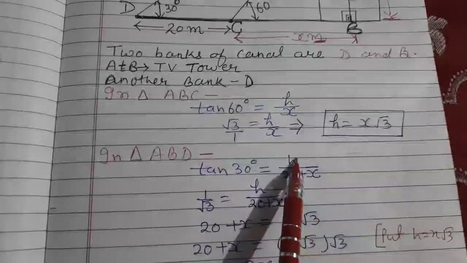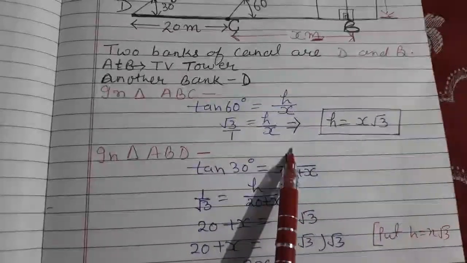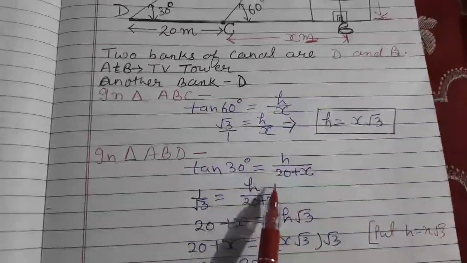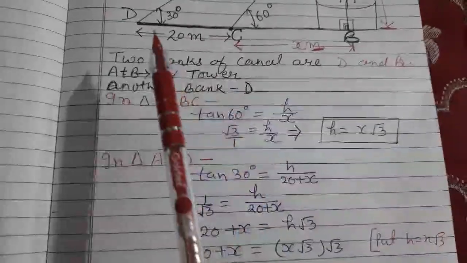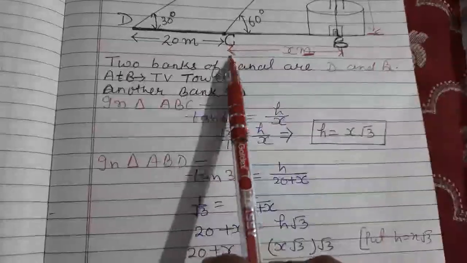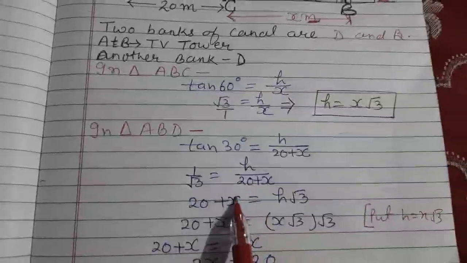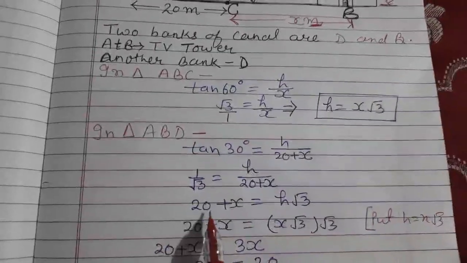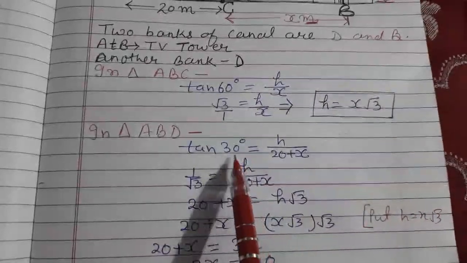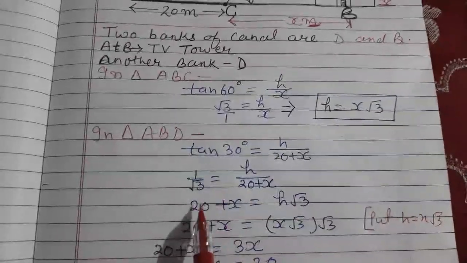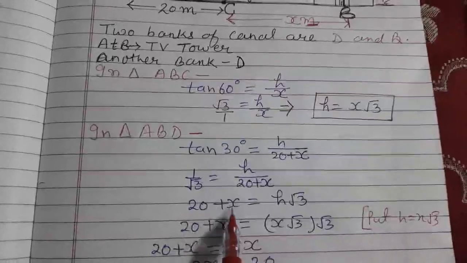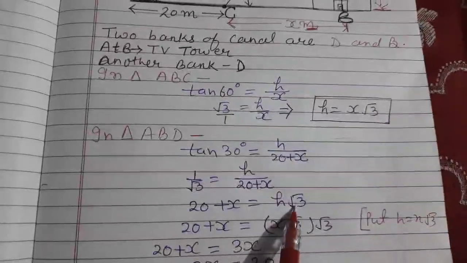Perpendicular is the same, height of the transmission tower H, and base is DC plus CB, means 20 meter plus X meter. After cross multiplication and putting the value of tan 30, that is 1 upon root 3, 20 plus X is equal to H root 3.